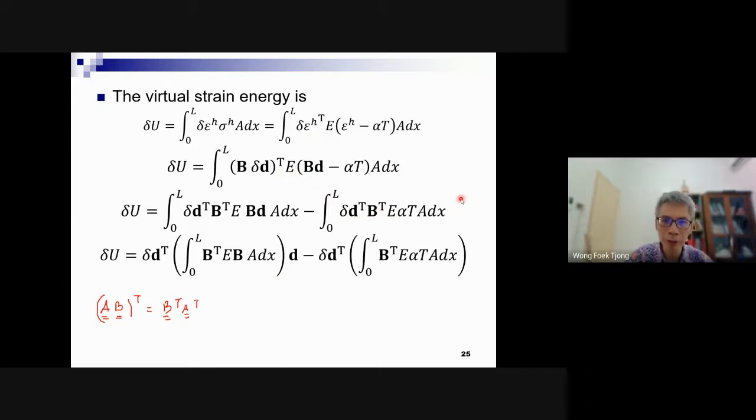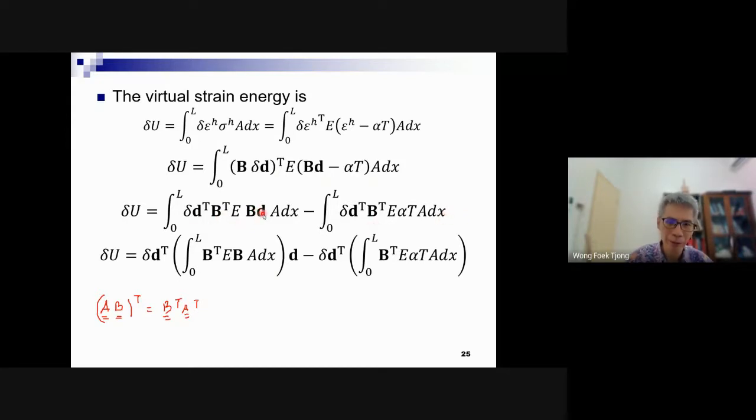Any questions up to this point? I plugged the approximate stress and the virtual strain into here, and got this one. Which ones are constants with respect to x? Constants are not functions of x inside these integrals.